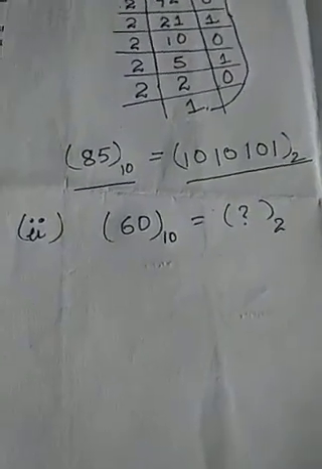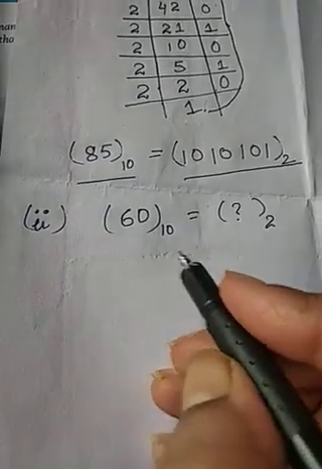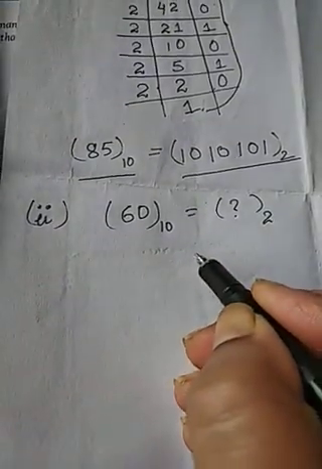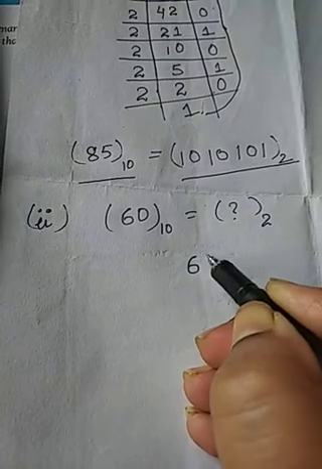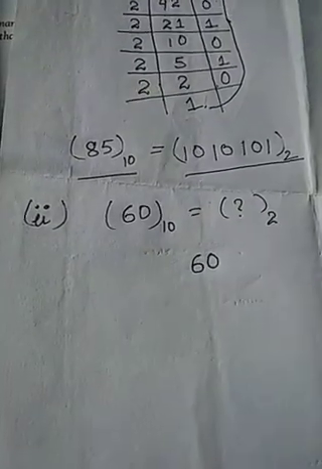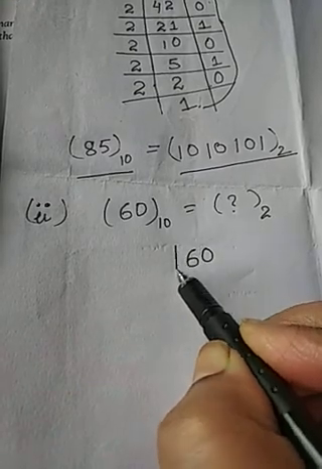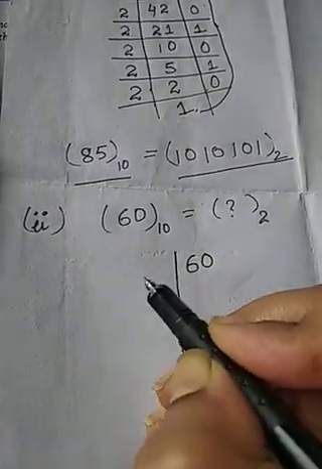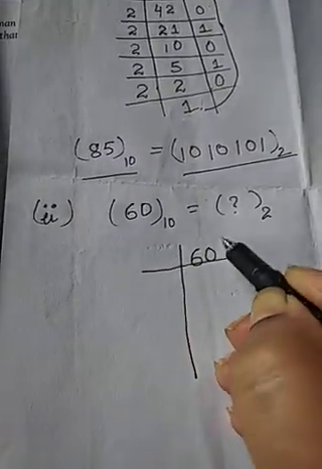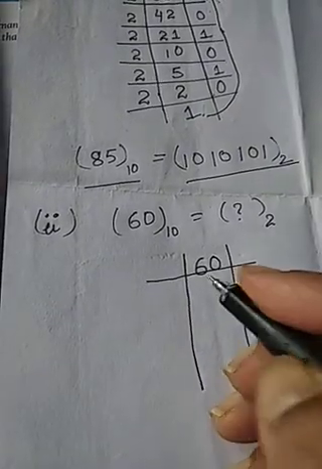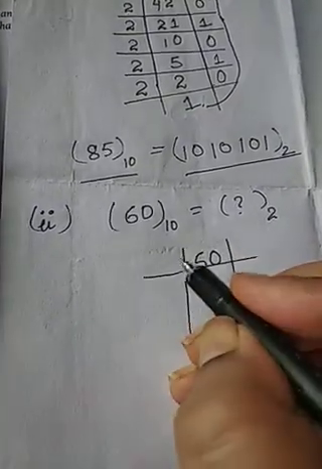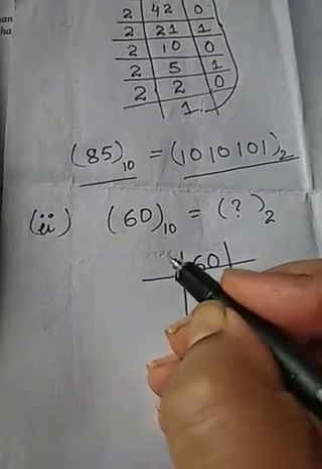So we'll follow the same procedure as we had followed earlier. Repeated division of 60 by 2 and we'll keep the record of the remainders also.